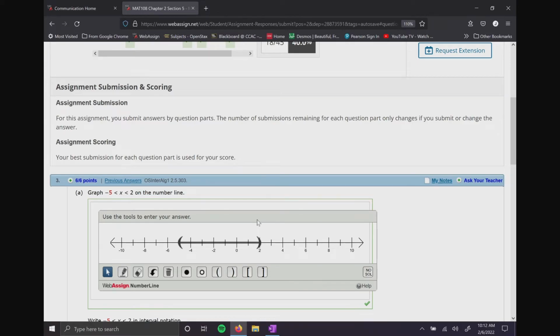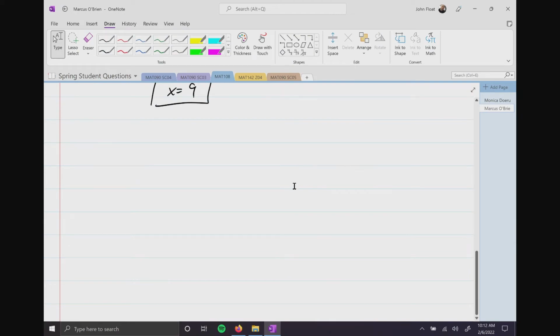So if you wanted to use dots, let me get out a piece of paper to write on. Oh, sorry, there we go. So if we wanted to use dots, remember, here's our inequality. Here's our symbols.